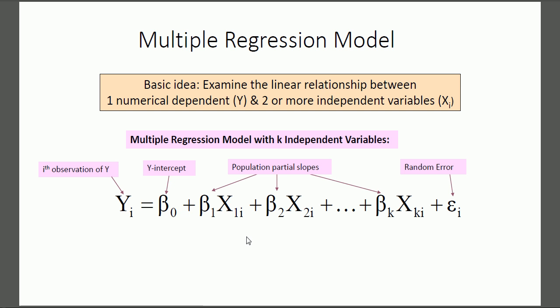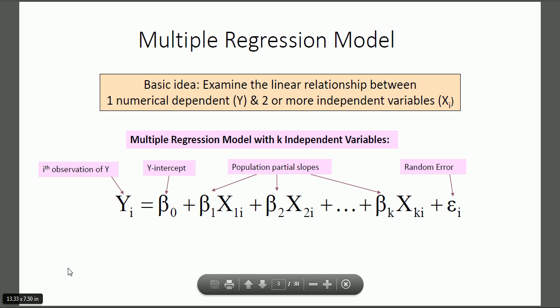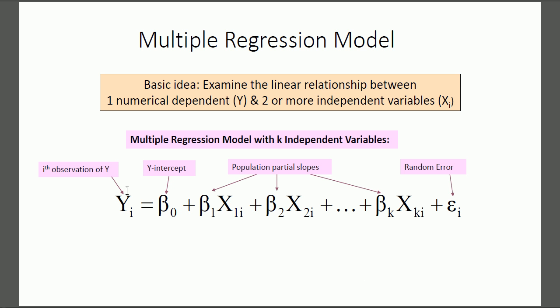So let's take a look at the model. Everything here is labeled and has a subscript, so let me go through everything in this model. y, notice, does not have a hat. This is very important, as it was in simple linear regression. yi is the ith observation of y, meaning whatever variable you're trying to predict, the ith row or ith record.